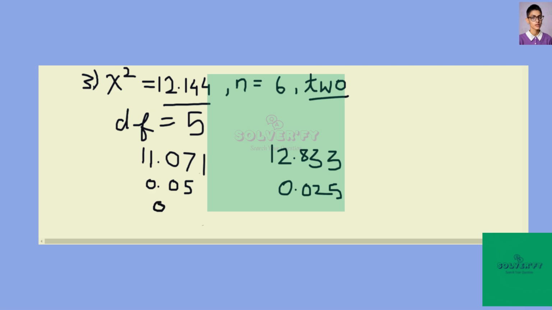So 0.05 multiplied by 2 is equal to 0.1 and 0.025 multiplied by 2 is equal to 0.05. Hence, the p-value interval is 0.05 less than p less than 0.1.